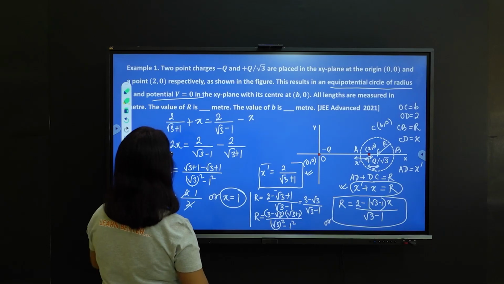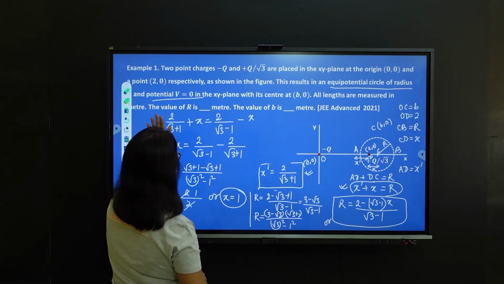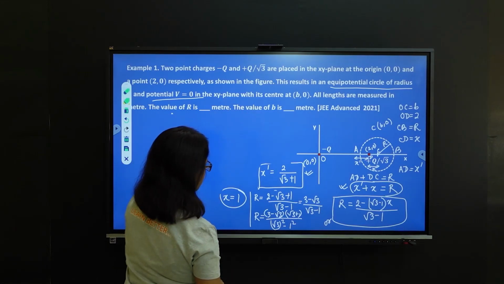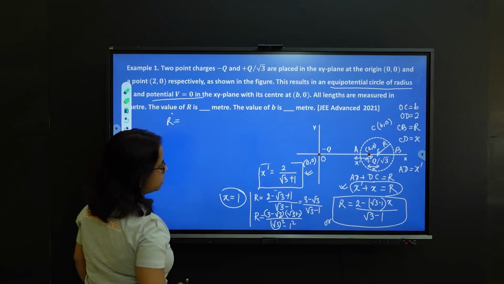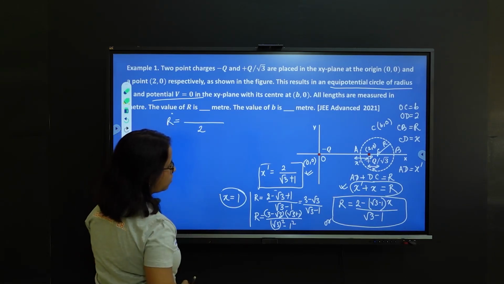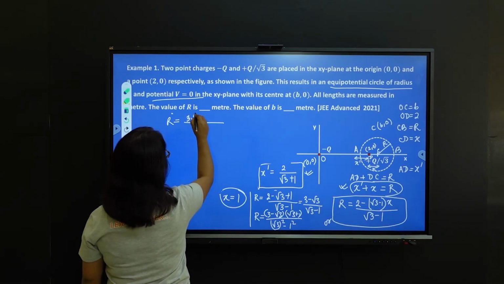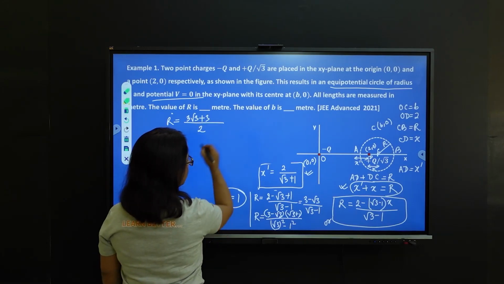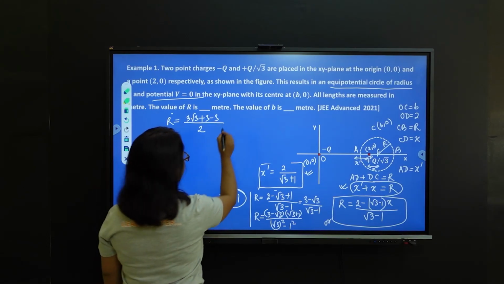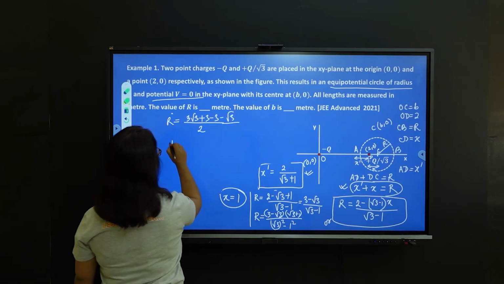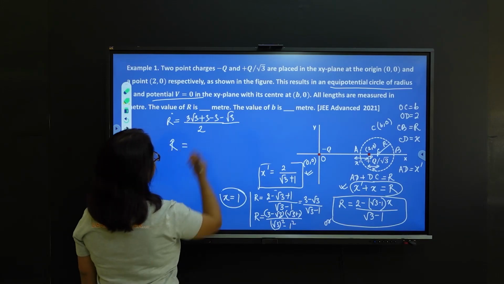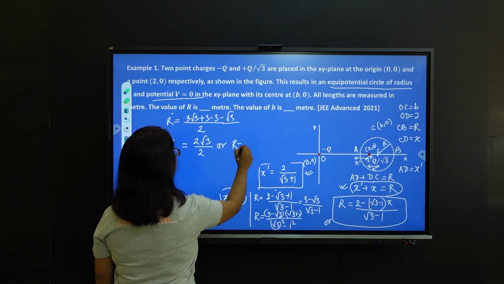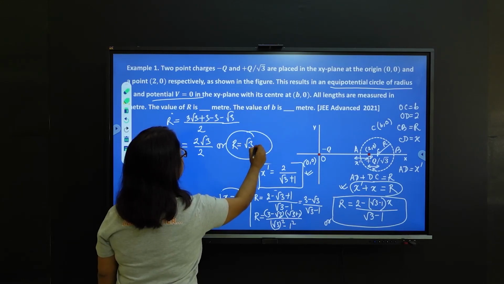If we see the result, we have r equals 2 in the denominator, and here we have 3 root 3 plus 3 minus 3 minus root 3. So this gives us r as equal to 3 root 3 minus root 3, that is 2 root 3 by 2, or r is equal to root 3 in meters.